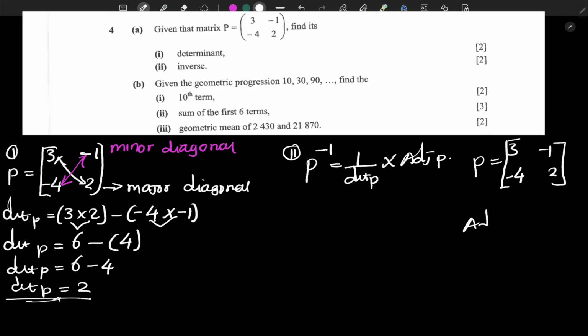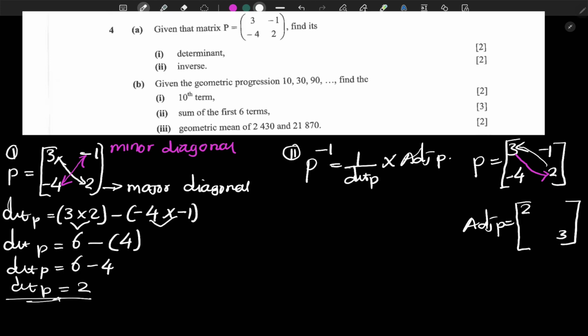So when coming up with the adjoint, there are some steps that you are supposed to do. So you begin with the major diagonal. So for major diagonal, you need to interchange the positions. So 3 will come where 2 is, then 2 will come where 3 is. So this becomes 2 and 3.